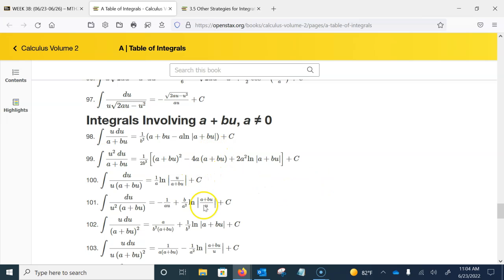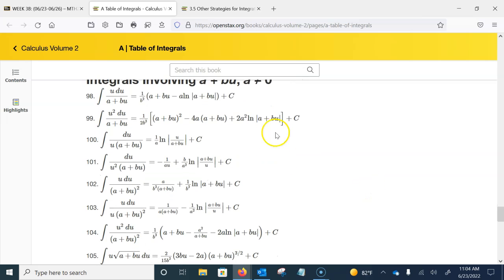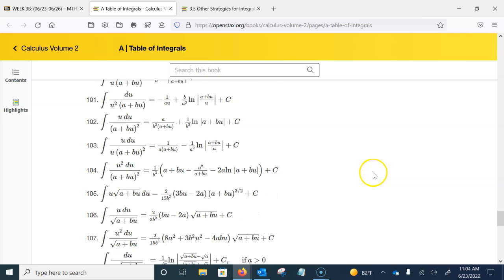A lot of these have these natural log features, right? So what they are doing to get these is essentially partial fraction decomposition, where they have a constant over this linear form. Again, we could do these as well, but they've posted this in the integral table in the appendix.